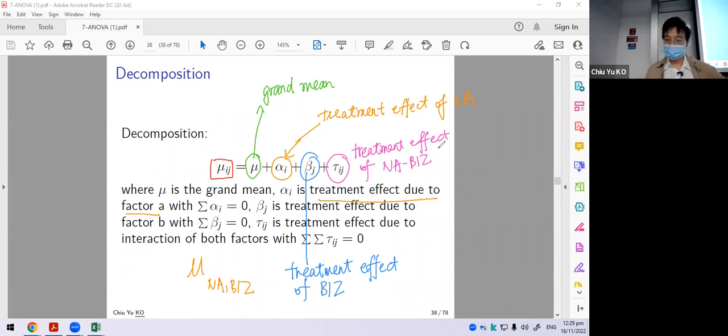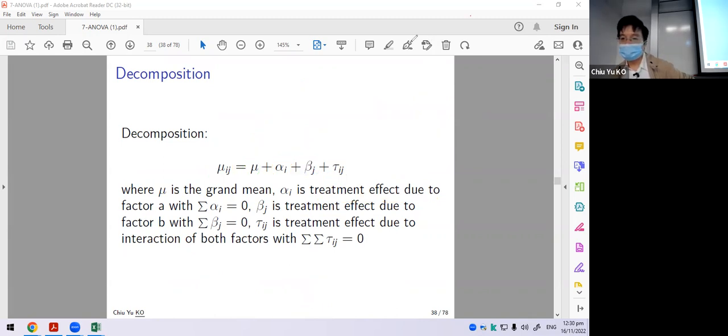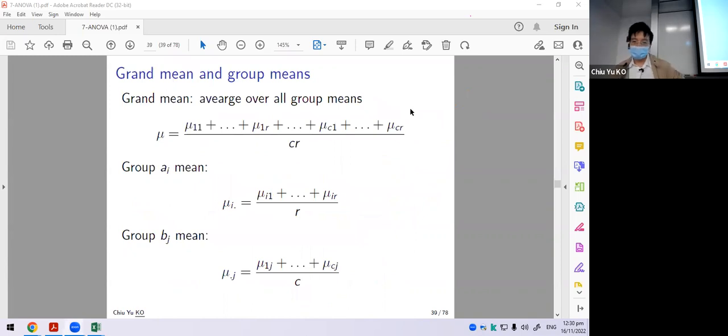Is that clear? We will define all of them in the next slide. It's probably not clear what they are, so we will define them now. This is a new slide I added if you have an old version.